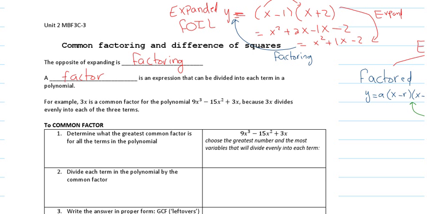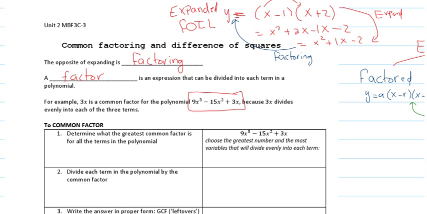Can you give me a number that you can divide each term by? 3. Each term is divisible by 3, so 3 is a factor. How about a letter? Is there a letter that's common in each one? X. It's going to be 3x just to the power of 1 because the smallest one is x to the power of 1.